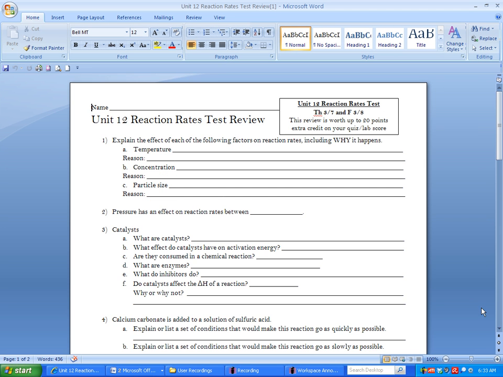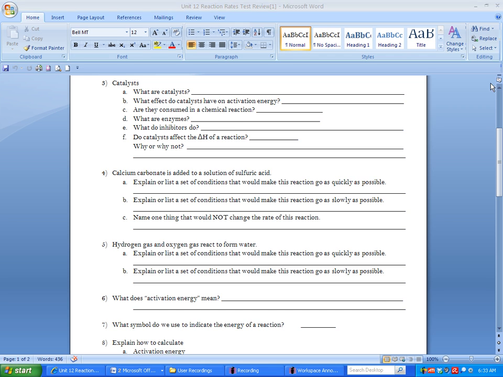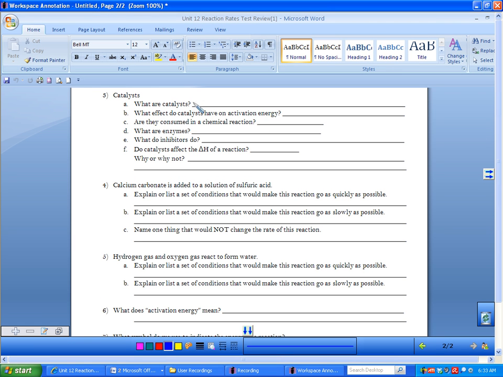So let's go on down to catalysts. All right, catalysts are chemicals used to speed up reaction rates. And what effect do catalysts have on the activation energy?